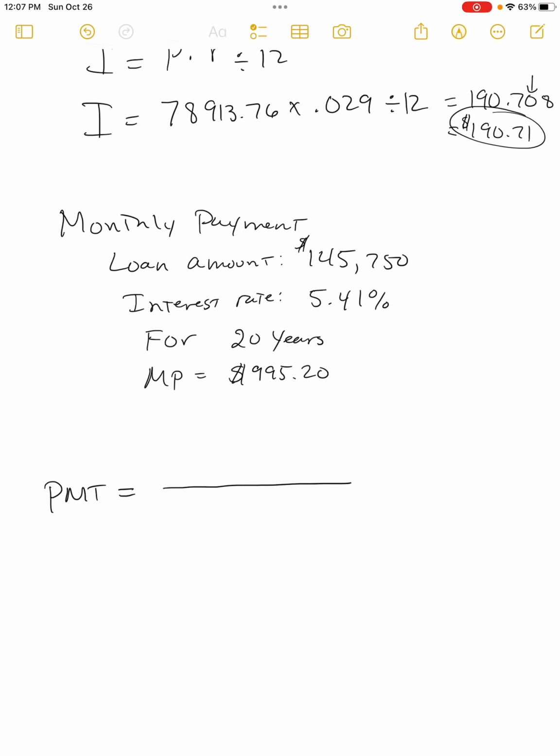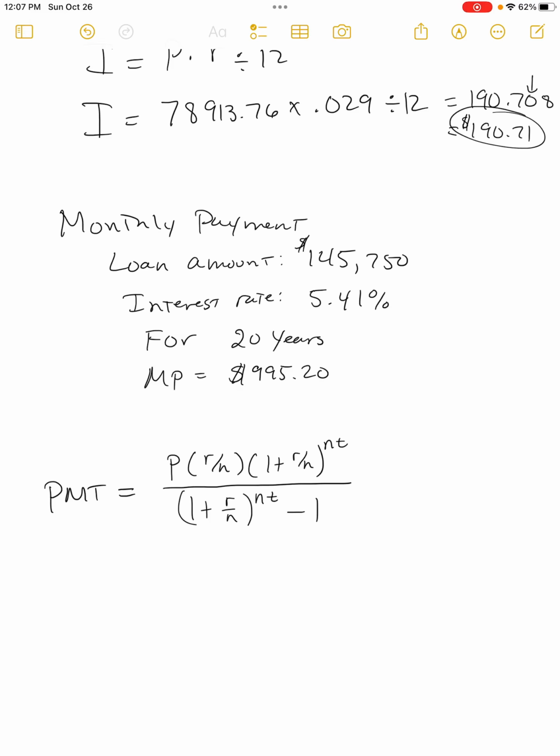And it's big. It is P times R over N times 1 plus R over N to the NT, N times T. And on the bottom, it is 1 plus R over N to the nt minus 1.